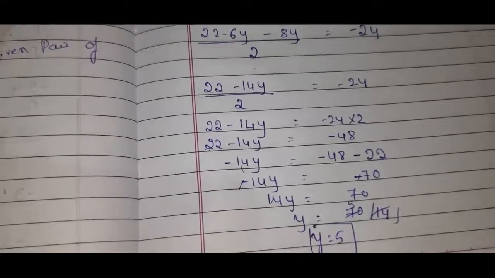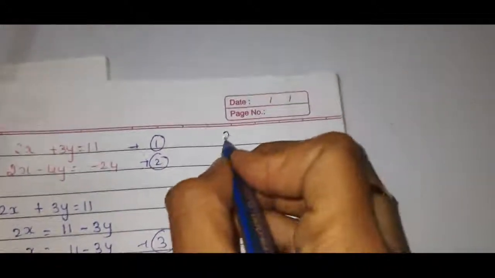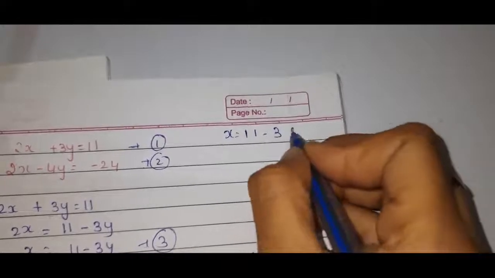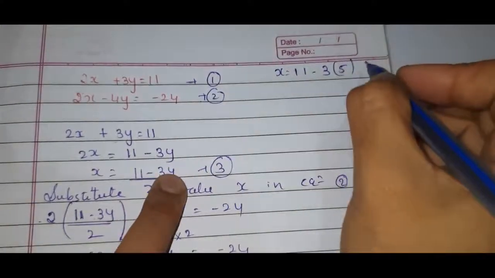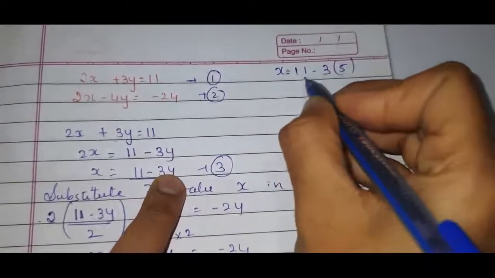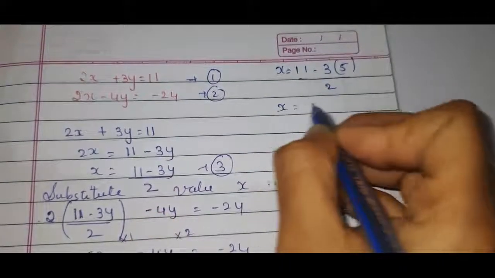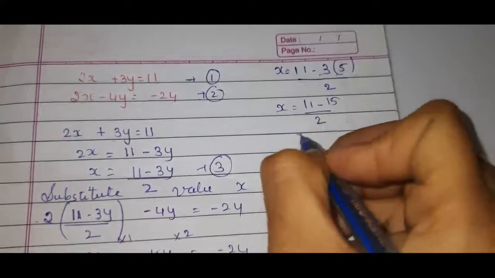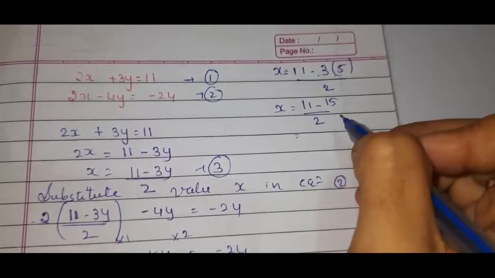5. And substituting y equals 5 in equation third. What is the equation third? x equals 11 minus 3y divided by 2, and y is what we got, 5. In the place of y, substitute 5. x equals 11 minus 3 into 5 divided by 2. x equals 11 minus 3 fives are 15, divided by 2. 11 minus 15 it is minus 4.